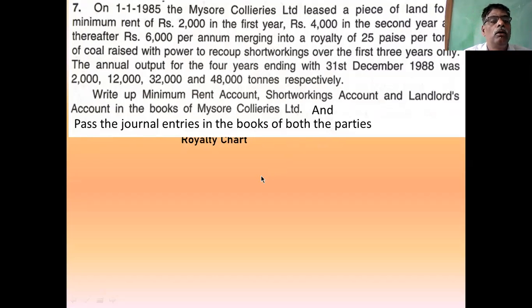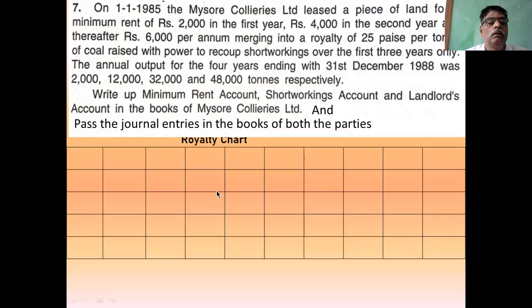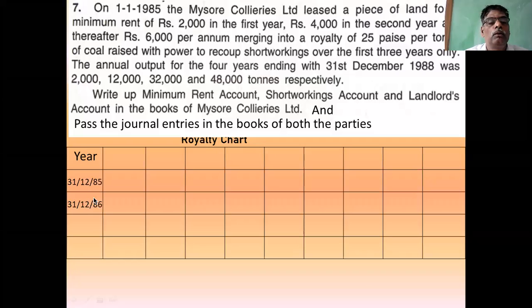Now we can prepare the royalty chart. Here you write the dates 31st 12 85, 86, 87, 88, 4 years. Then output for the first year is 2000, second year 12,000, third year 32,000, fourth year 48,000. Then the rate of royalty is 25 paise, not 25 rupees. Remember this.